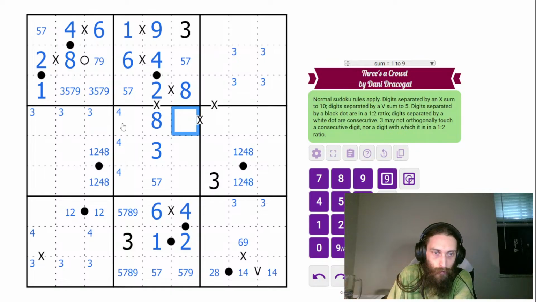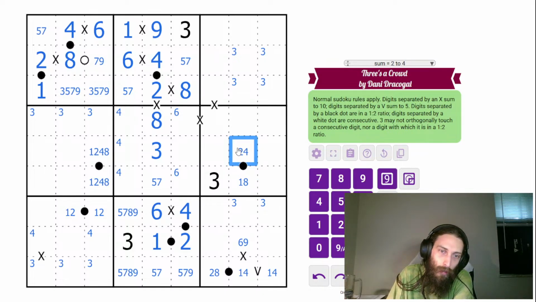I was going to say the 6 in box 5, but it has 2 spots. And then I just saw this 3 can't be next to 2 or 4. Although, it just takes 1 and 8 off of the top one. 3 can't be next to 4.